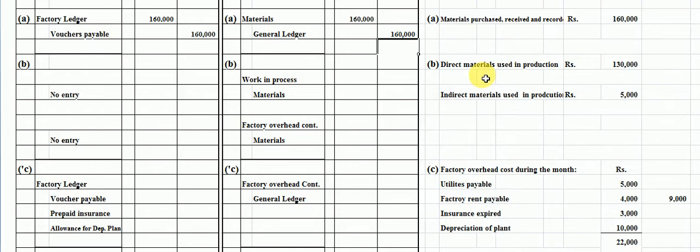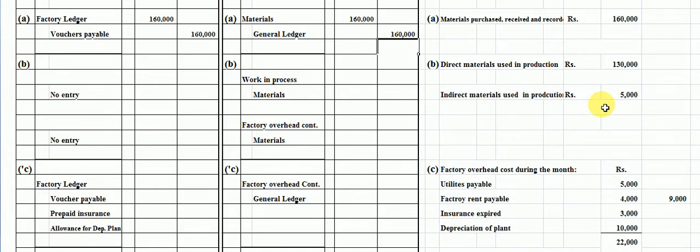This is the direct material, which is charged to work in process. The indirect material used in production is charged to factory overhead control in the book of factory, because the material has a relation with the factory in the head office.